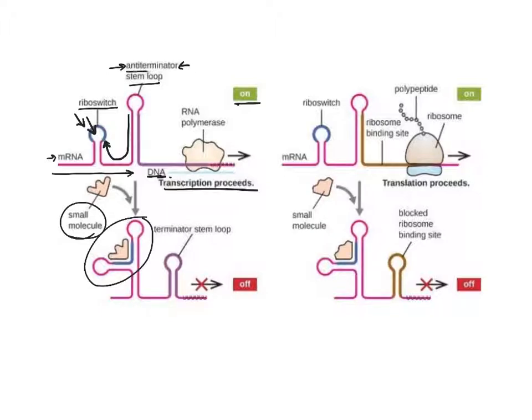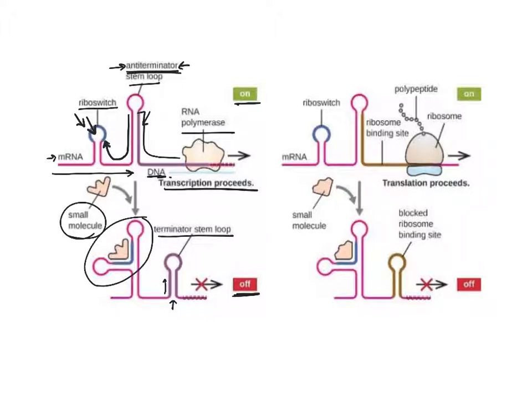And then instead of having this anti-terminator loop here with this purple region to the right of the anti-terminator loop, this purple region here is going to become a terminator stem loop because everything is shifted to the left and it's no longer the correct complementary base pairing for the anti-terminator. Instead, we have this purple region that is base pairing, and so then we have a terminator stem loop. And so our RNA polymerase is no longer able to bind because it needs to bind to this purple region for it to continue on. So in this case, it's turned off, and that's how a riboswitch works, with this small molecule that turns it on and turns it off.